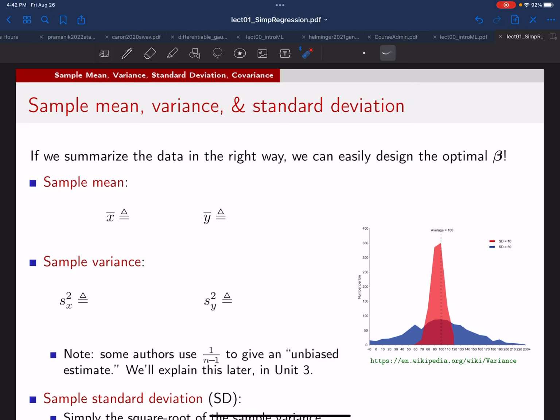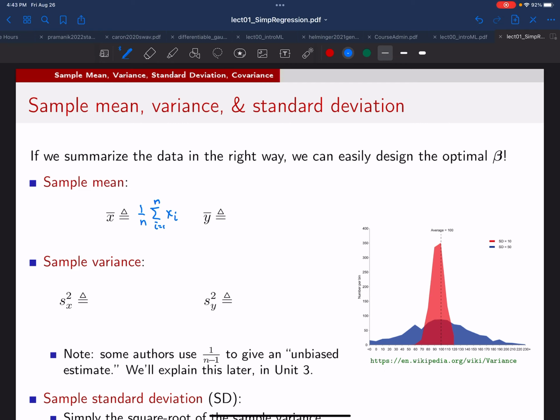They, in some sense, tell us a lot about what matters for this problem and more generally for machine learning. I think you've all seen these before, but it doesn't hurt to go through them again. The first quantity is the sample mean. All that means is you take all your xi's, sum them up, and divide by the number of them, n.